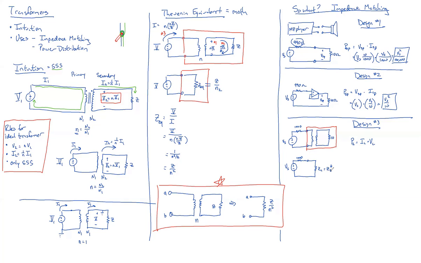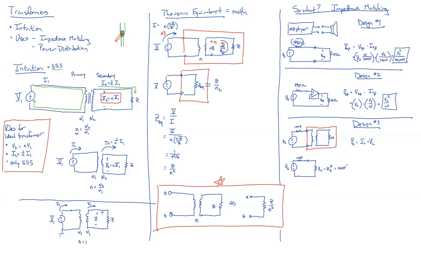In circuits 1, you talked about it without the complex conjugate. You just said when the load resistance is equal to the source resistance, you get maximum power transfer. And since this is a purely real number, it happens when your Z load equals 1,000.